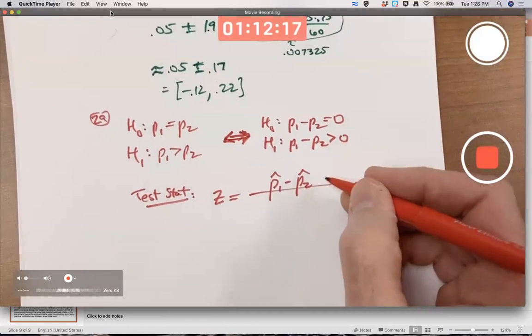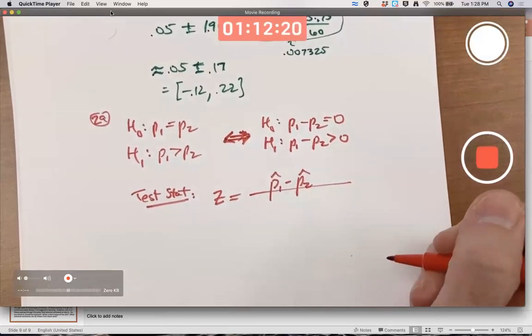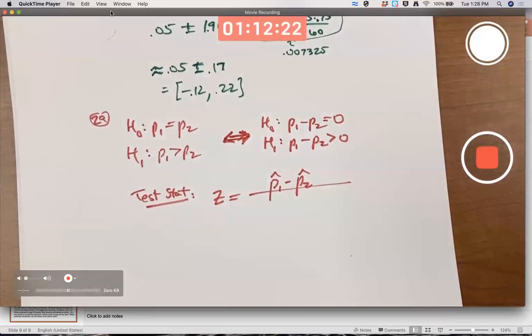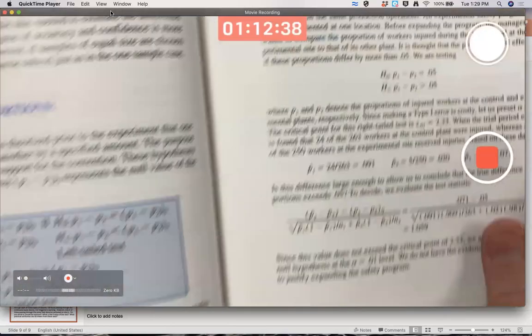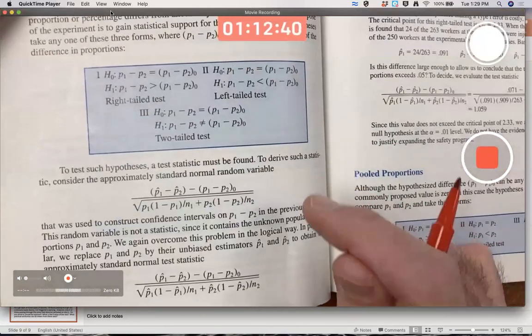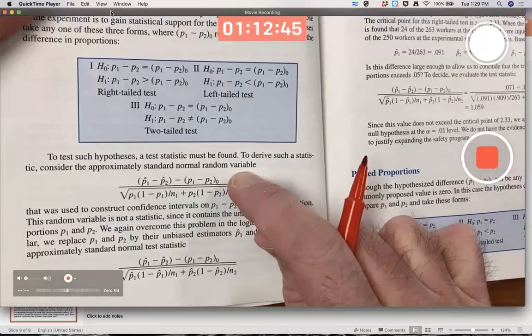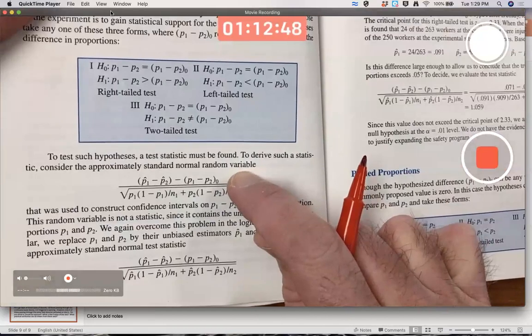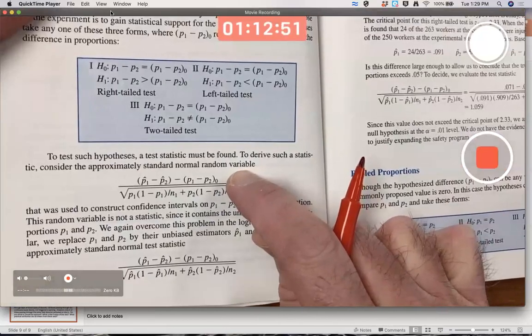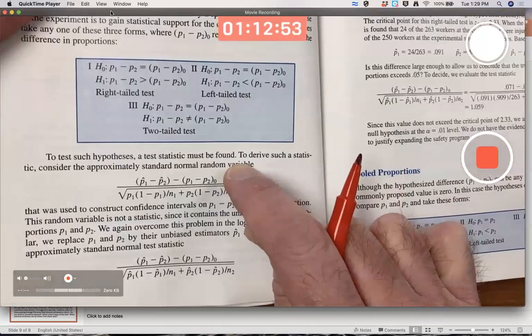We don't have to write minus 0 because that doesn't affect anything. In the textbook, they do initially write this formula in this way, and notice there's a P1 minus P2 sub 0 there. But for us, and almost always when people use this test, that's 0, so they don't bother writing it.